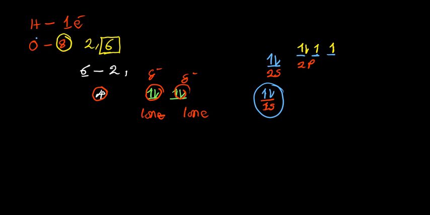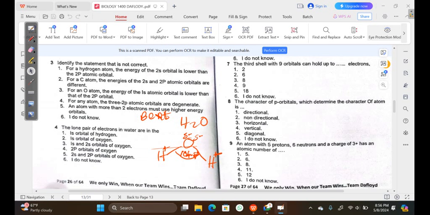So now let's answer the question. The lone pair of electrons in a water molecule are in the 1s orbital of hydrogen? No. 1s orbital of oxygen? No. 1s and 2p orbitals of oxygen. Then 4 is saying 2p orbitals of oxygen. 5 is saying 2s and 2p orbitals of oxygen. So where do we find the lone pairs in a water molecule?